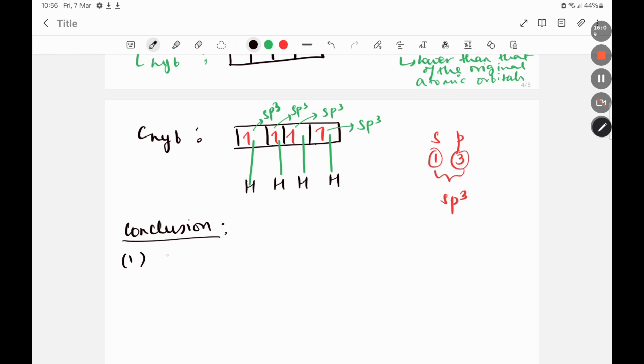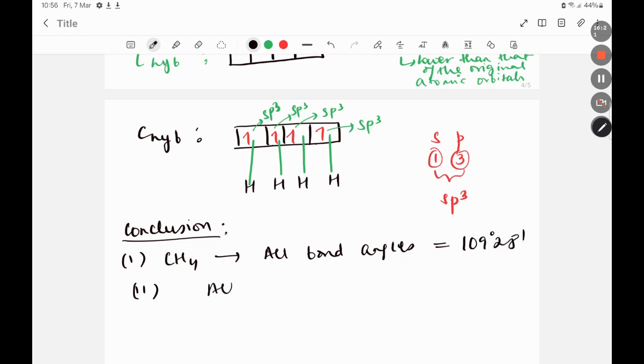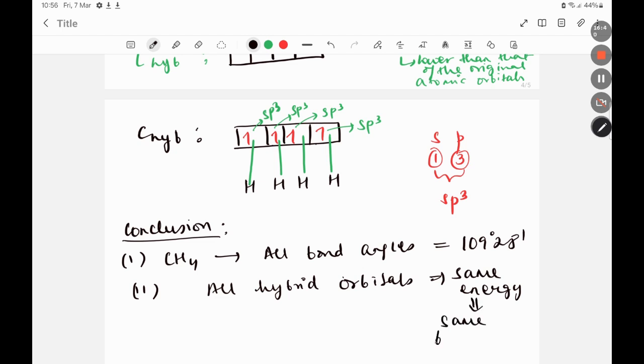So now the conclusion which we reach after the bonding of the hydrogen with the hybrid orbitals is that first, in CH4, all bond angles are seen to be 109 degrees 28 minutes. And since all the hybrid orbitals have identical energy, they have the same bond length.